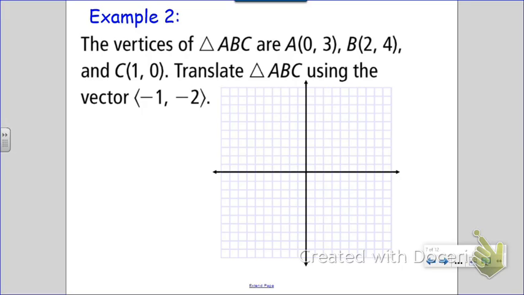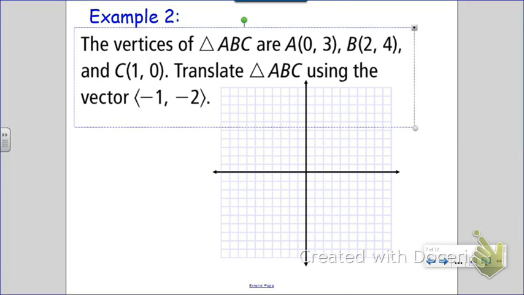In our next example, we're going to take the vertices of a triangle, ABC, and translate the triangle using the vector <-1, -2>. This means that the horizontal is going to be -1, so 1 to the left, and then -2 is the vertical, so that'll be 2 down.